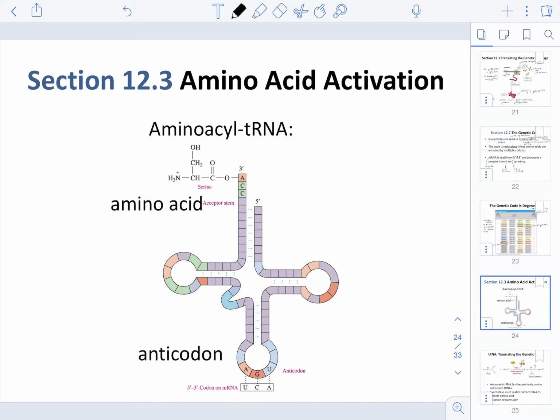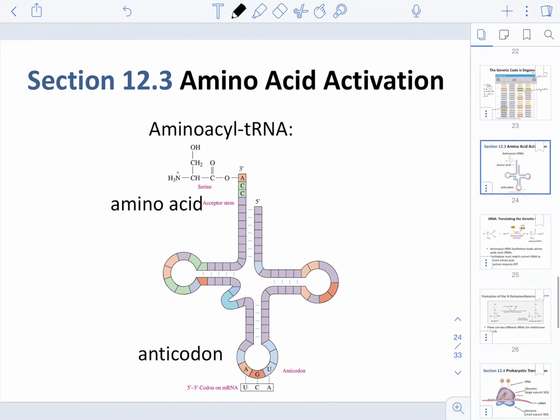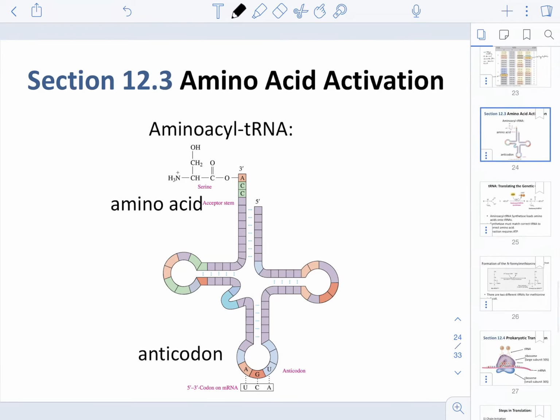When it comes to the process of translation, we need to introduce the molecules that are involved. We already talked about how amino acids need to be incorporated onto tRNAs in order to be brought to the protein synthesis site. We have established already that the 3' end of our tRNA molecule is where the amino acid is linked.